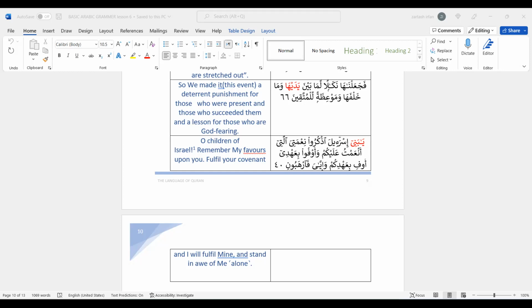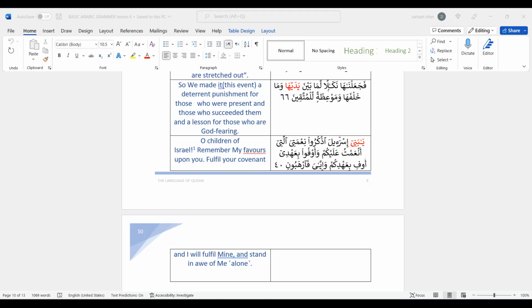So this yawm is playing both the roles of mudaf and mudaf ilayh, because sometimes there is more than one idafa construction in one phrase. Here you see two idafa constructions, maliki yawmi and yawmiddin. The middle one is playing the role of a mudaf and the mudaf ilayh at the same time, so it will follow the rules of both.